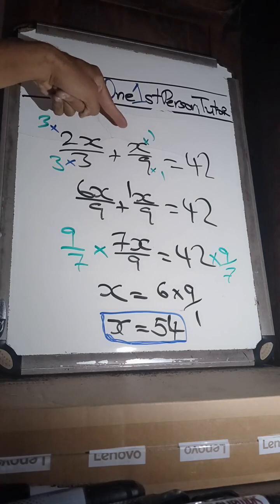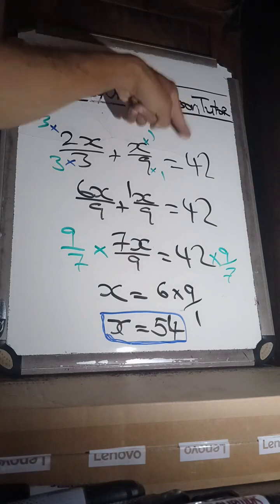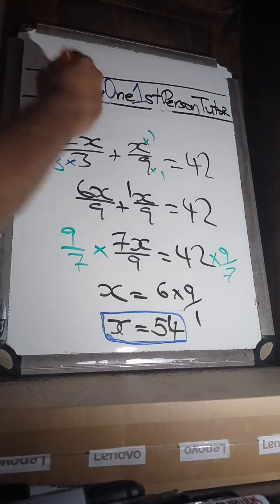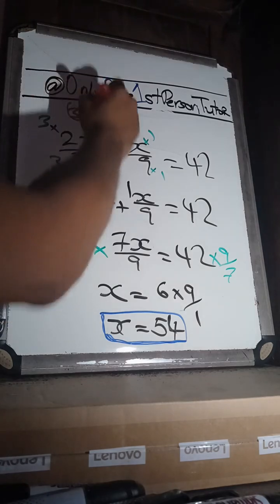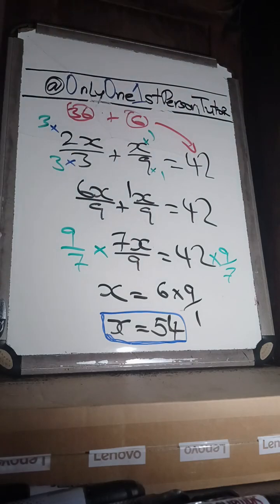This over 9 is 6. 36 plus 6 is 42. So if we substituted this, we'd end up with this, resulting in that. That one was never too bad.